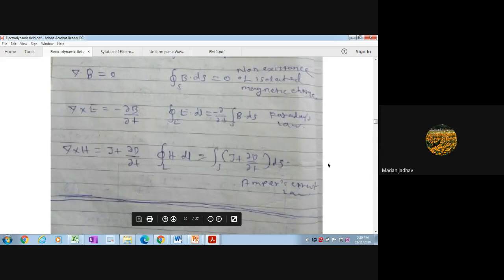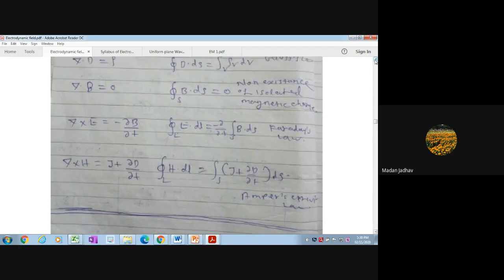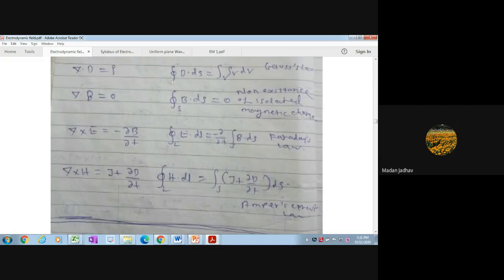This is for the time varying field. Now for the static field, these two equations, divergence of D is equal to rho and divergence of B is equal to 0, are the same.